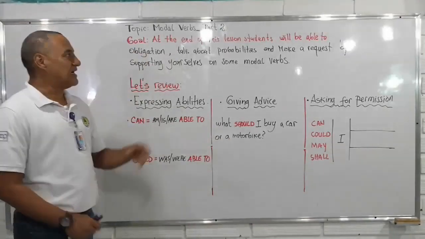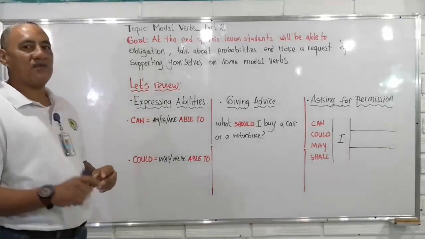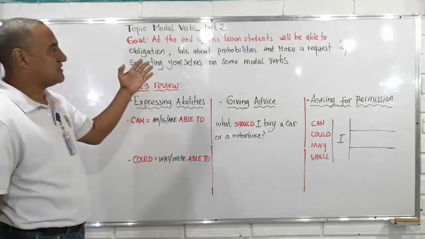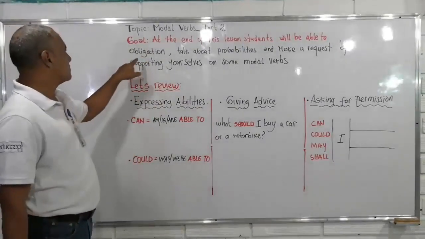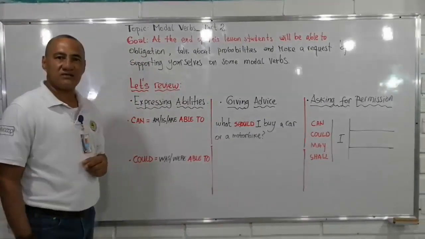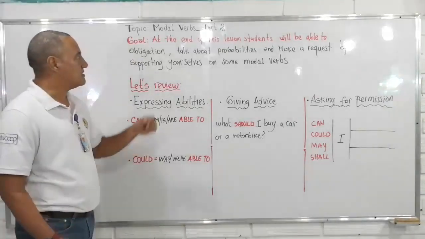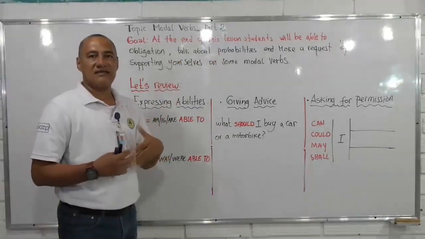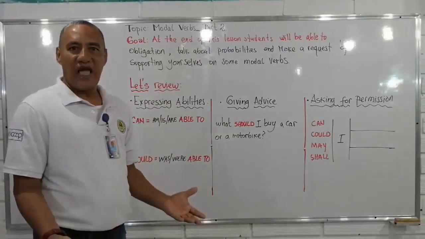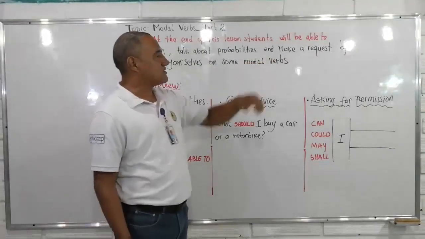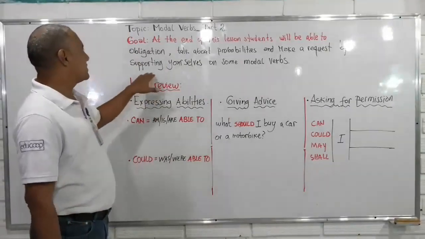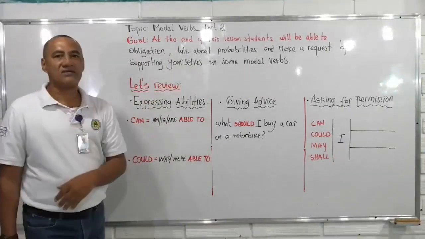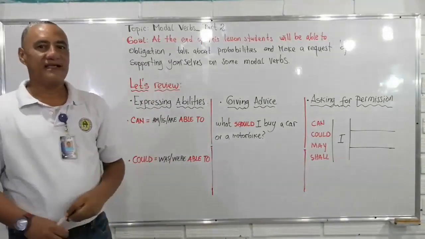Look at the goal. At the end of this lesson, students will be able to, estarán en la capacidad de, al finalizar esta lección, to talk about obligaciones, strong duties, about probabilities or the possibility that something will happen or not, and also to make a request by supporting yourselves on some modal verbs, okay?